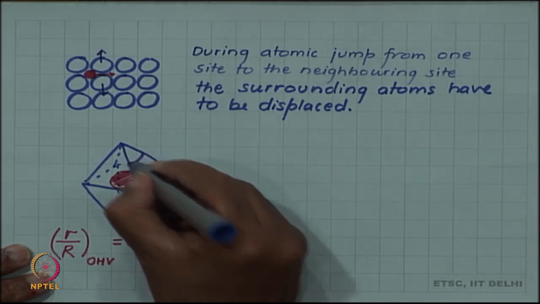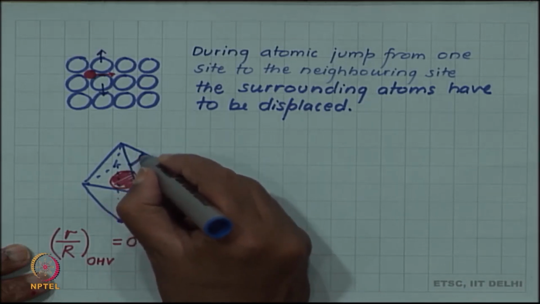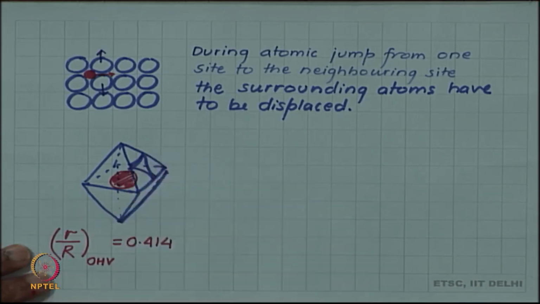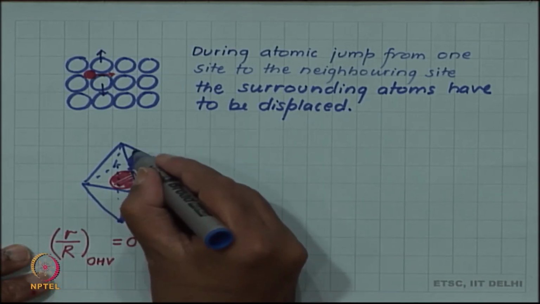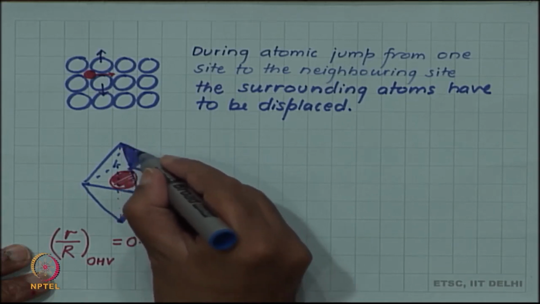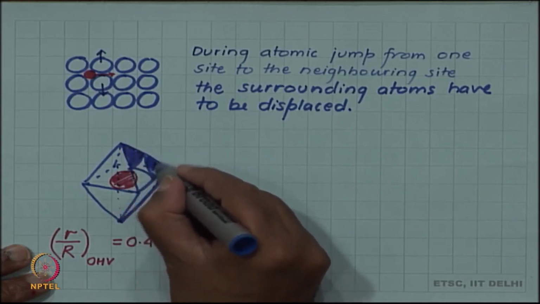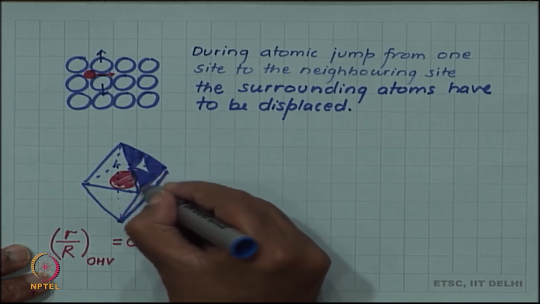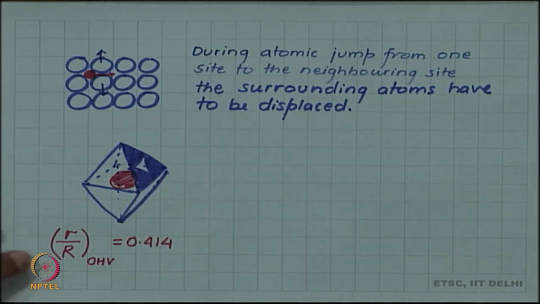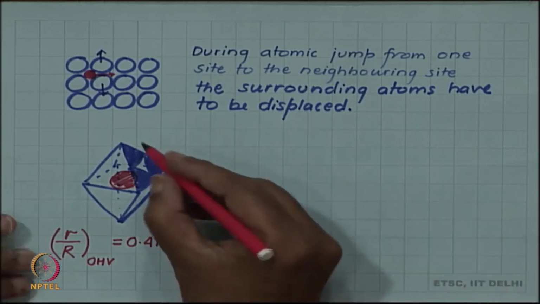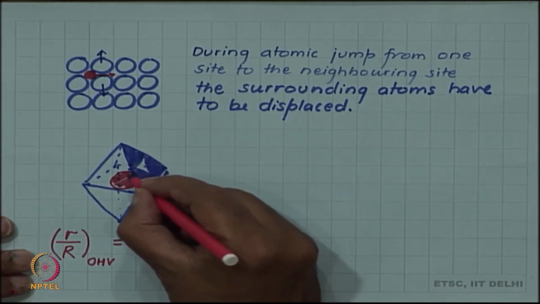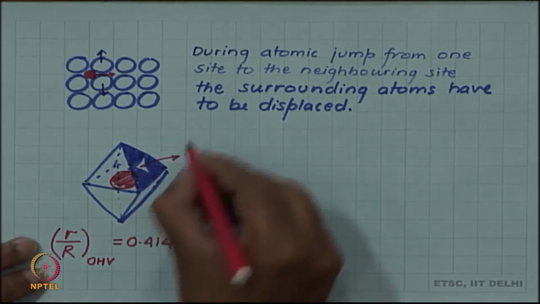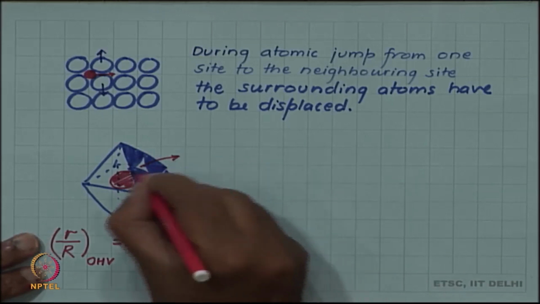So, the host atoms will be occupying the corner sites. If I fill this to represent the host atoms, you can see that this red interstitial atom has to jump out of this window. So, the window available to jump out to the neighboring site is this one.